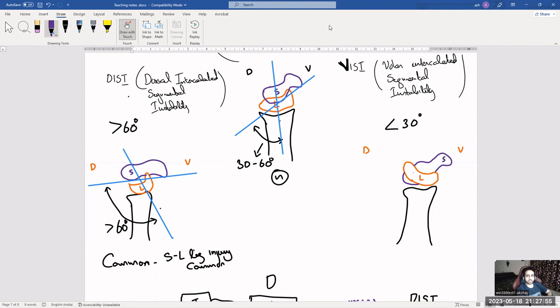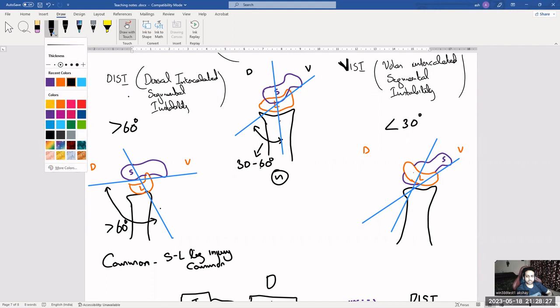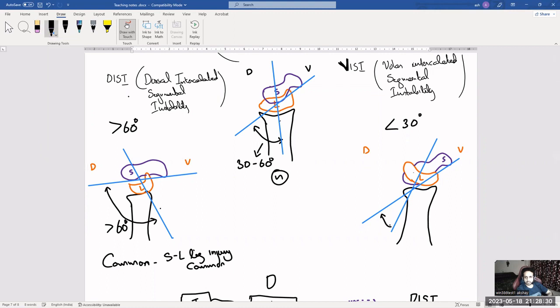Now let's see what angle the axes will give. The lunate axis goes through the center like this, and the scaphoid axis goes over here. Now the angle, as you can see, has drastically reduced. The angle here is less than 30 degrees.